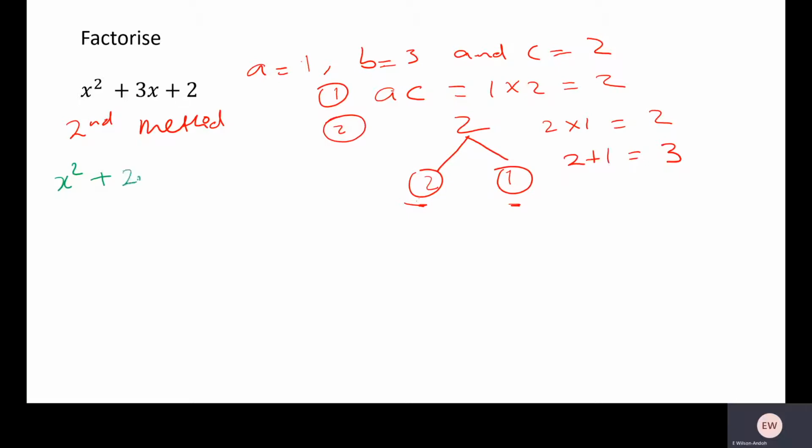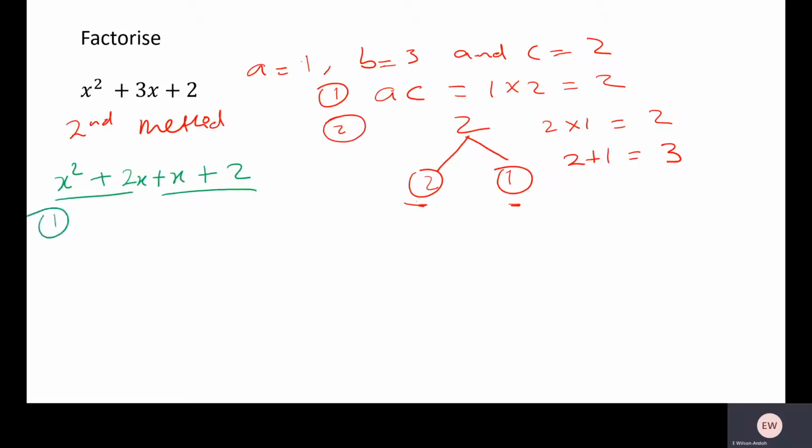And this will give us 2x plus x. And 2x plus x is the same as 3x, then plus our 2. So we've rewritten our expression as that.